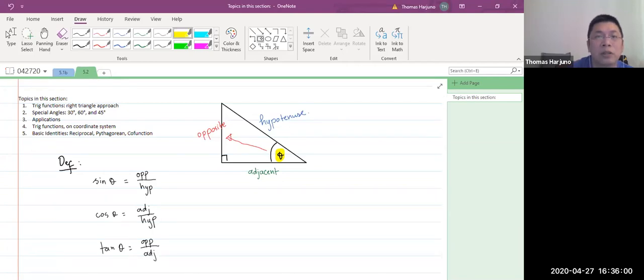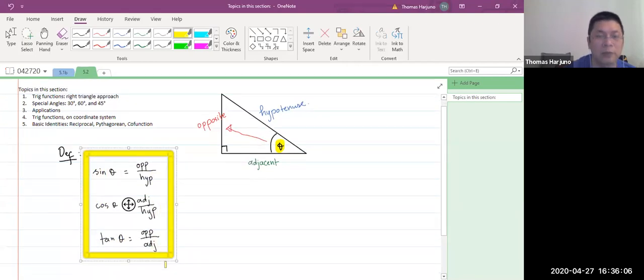Now, this group, sine, cosine, tangent, I usually call the primary trig functions. Okay, something you have to memorize by heart. Okay, let me name it. This is the primary trig functions.